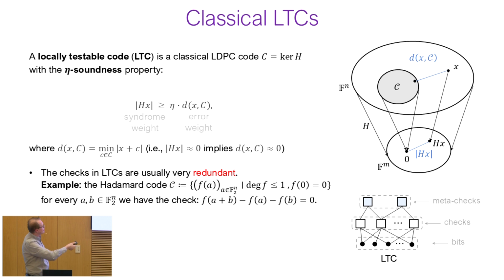The length of the code is 2 to the n, but the number of checks is 2 to the n by 2 to the n, so it is much larger. This means that these checks have a lot of redundancies, and so we can define some checks on checks, which are sometimes called meta checks.